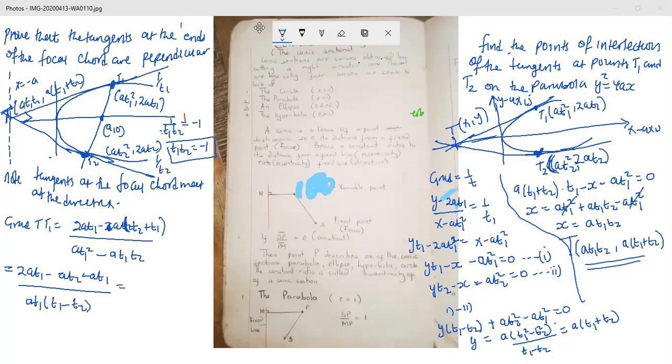Up we shall get a into (t1 minus t2), down we shall get a t1 into (t1 minus t2). These two die. This gradient is 1 over t1.